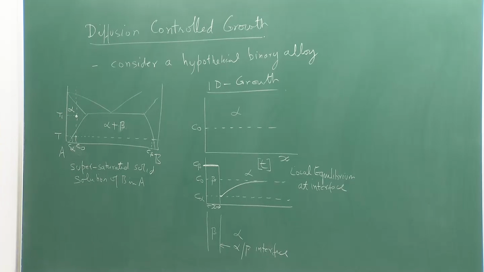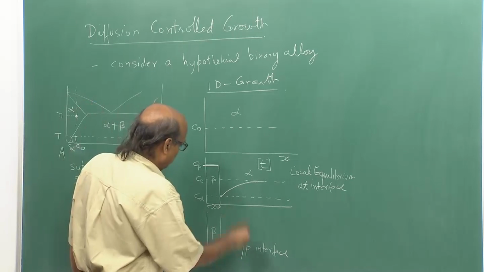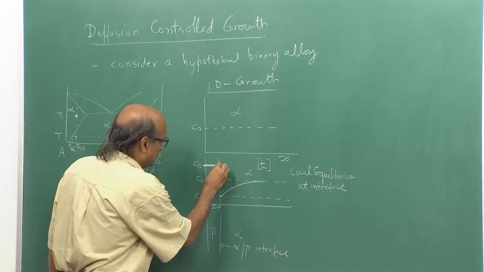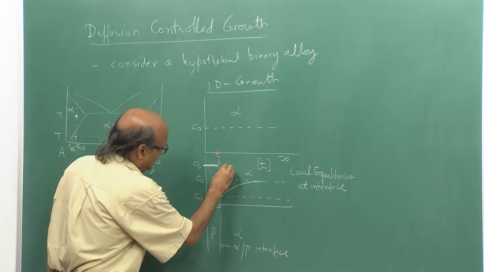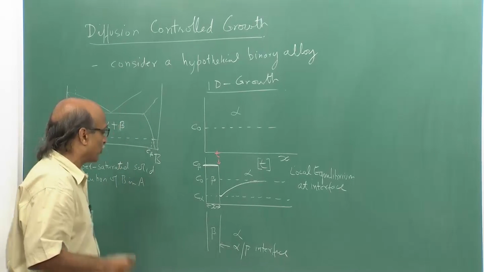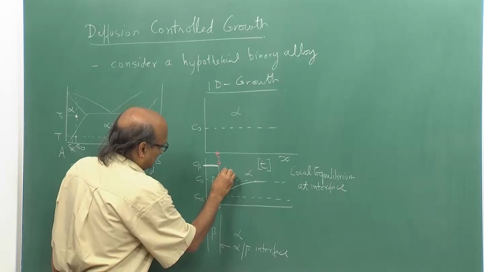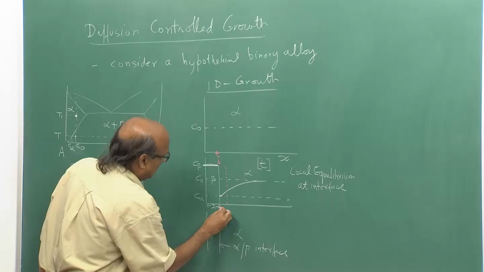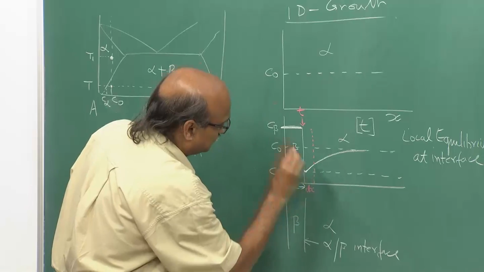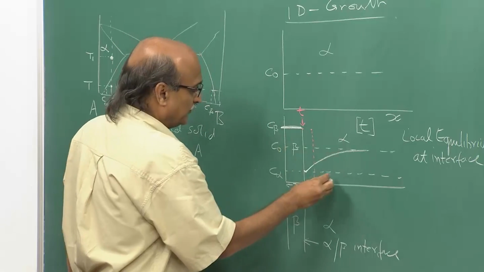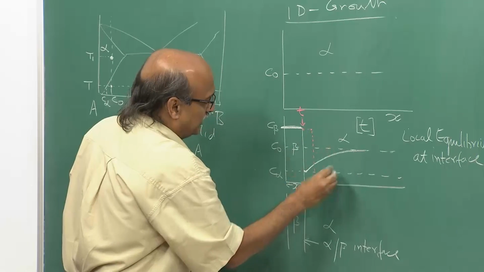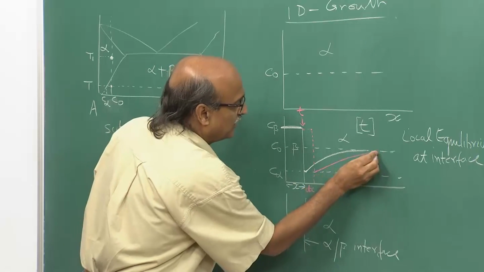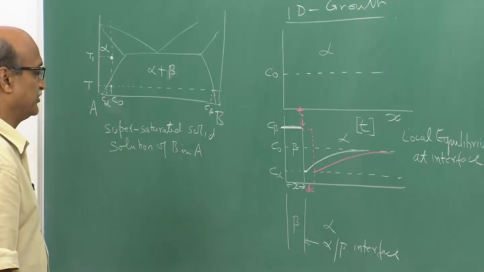Now, after an elapse of time dt, this beta precipitate will grow by an amount dx, and the composition profile in the alpha would also change like this.